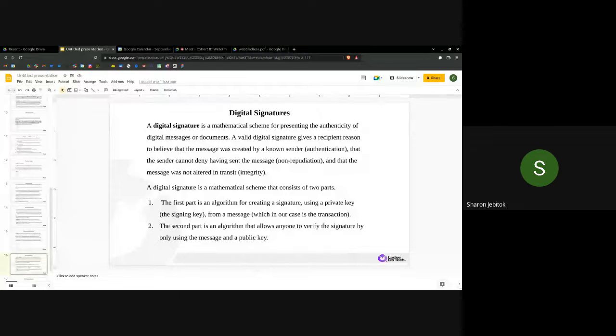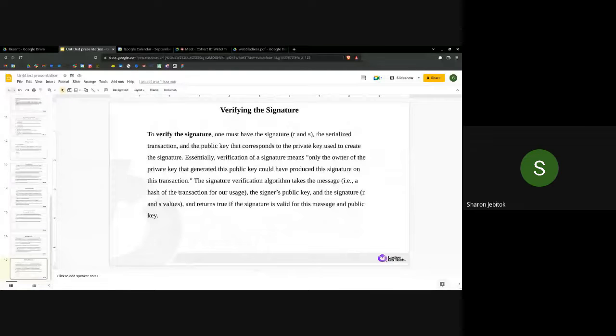And then the second part is an algorithm that allows anyone to verify the signature by only using the message and the public key. So majorly, the mathematical scheme behind these digital signatures is just algorithms.